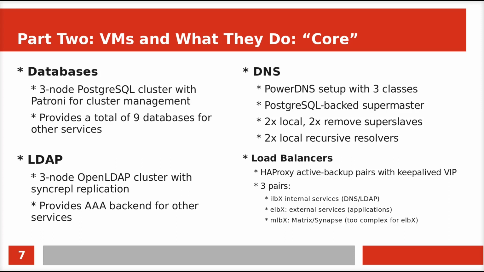So I have just a single 3-node PostgreSQL cluster with Patroni. I'm not sure what to really call it. It's kind of like an overlay for cluster management. I did touch on it briefly because we use it within PVC as well.